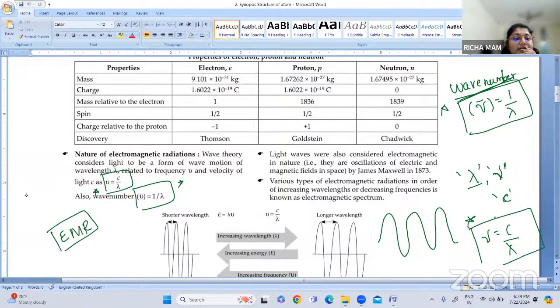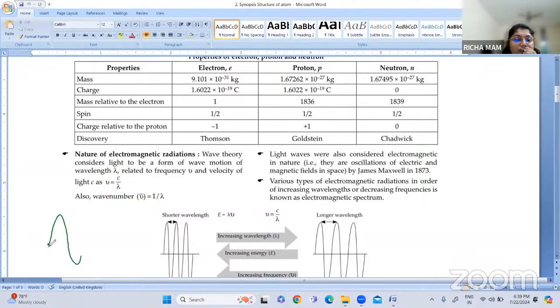When light is traveling, it is traveling in the form of a wave, and there is a presence of the electric field as well as the magnetic field. So light is called electromagnetic in nature.